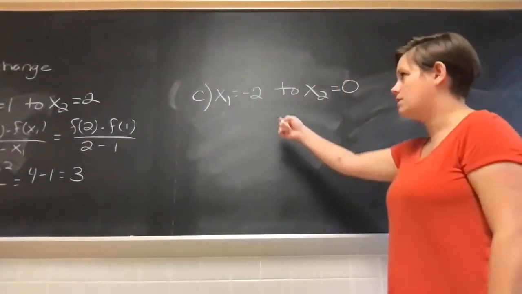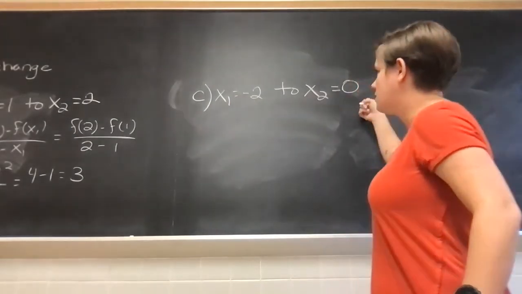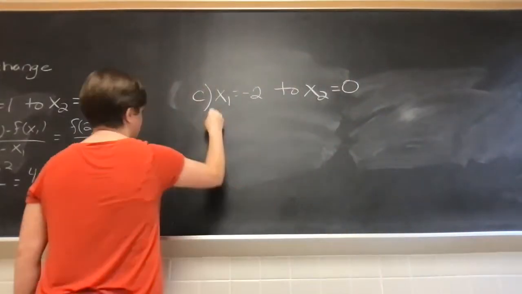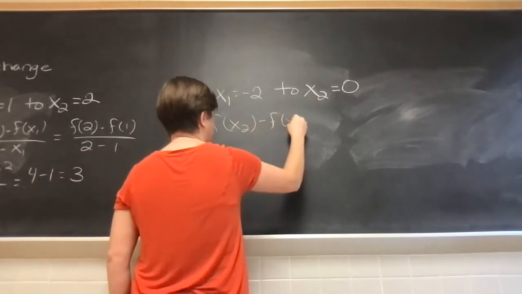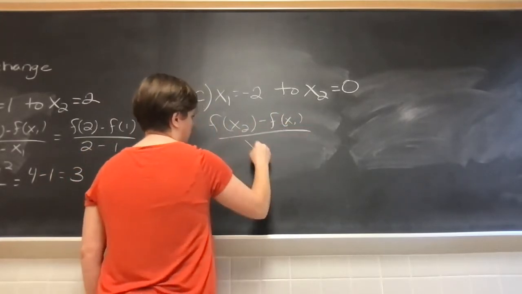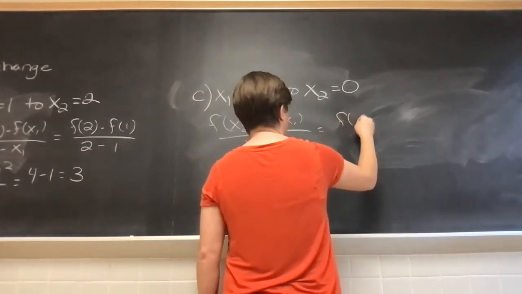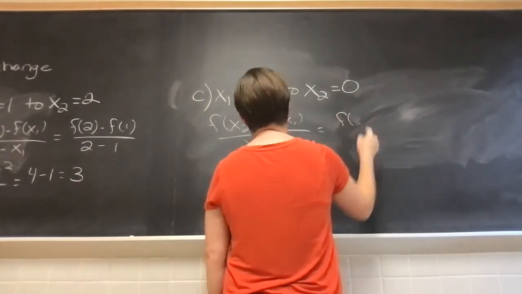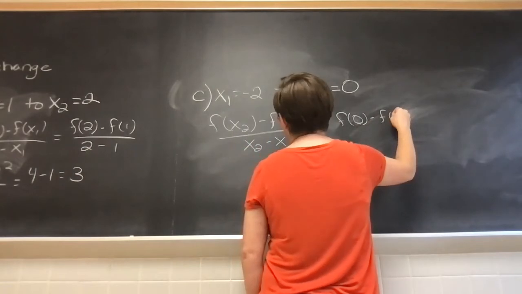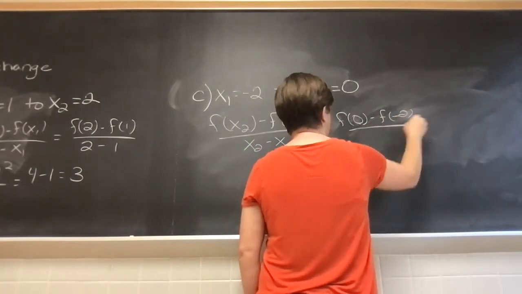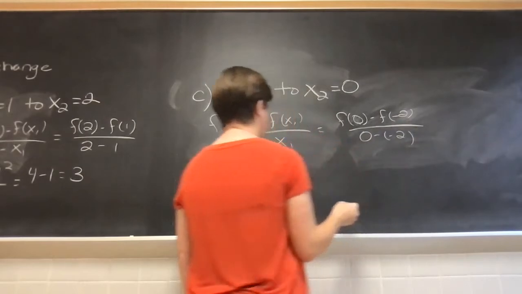So now we're going to do the exact same thing, but we want to see the average rate of change from -2 to 0. Again, you're just finding the slope. F of x2 minus f of x1 over x2 minus x1. F of 0 minus f of -2 over 0 minus -2.